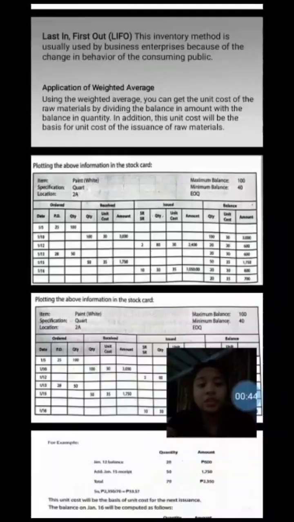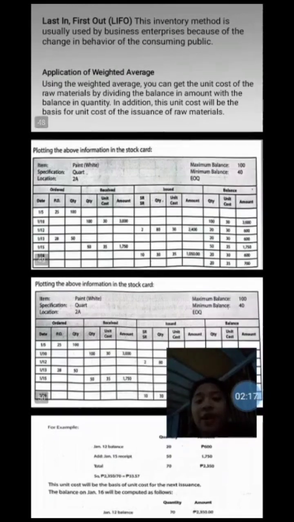In addition, this unit cost will be the basis for the unit cost of the issuance of raw materials. The weighted average method is a tool used in classrooms, statistical analysis, and accounting offices, among others. To find a weighted average, multiply each number by its weight, then add the results.